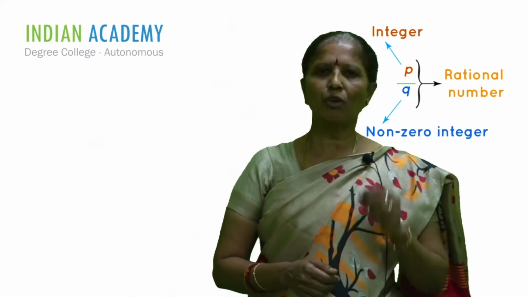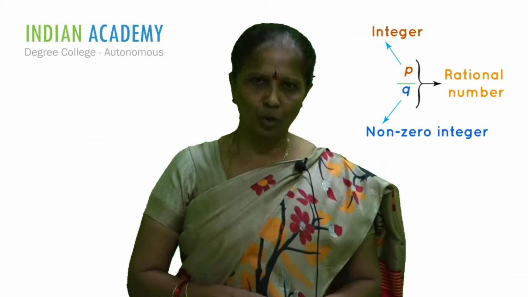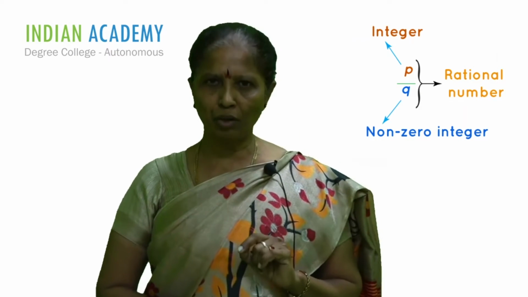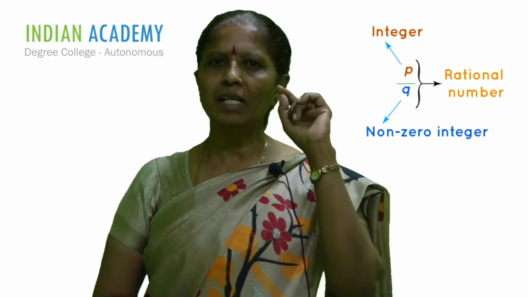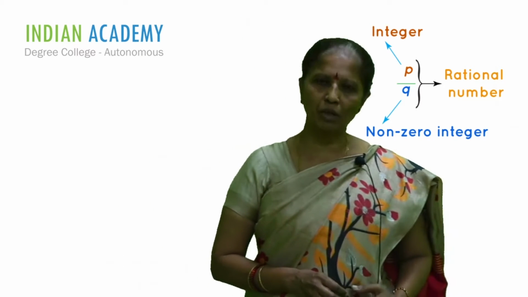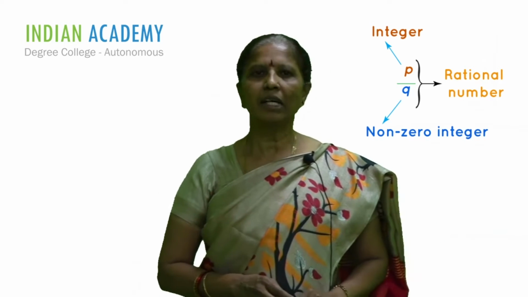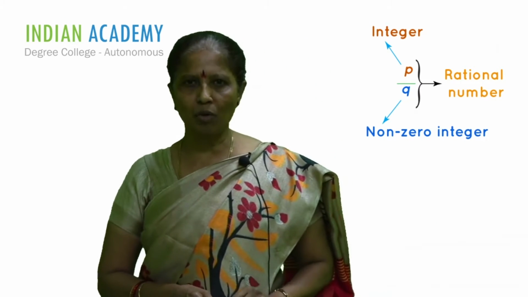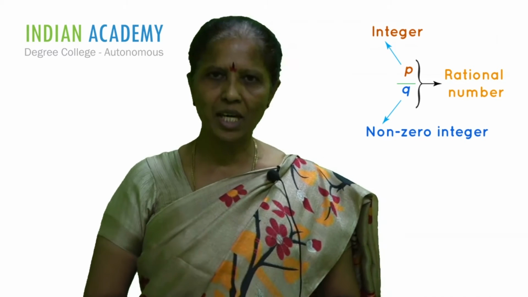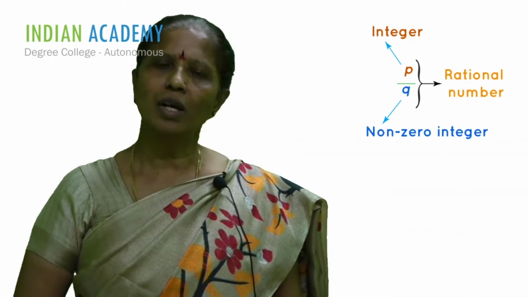So clearly the numbers of the form P by Q are said to be the set of rational numbers, and it is denoted by Q as I told you, and it is defined as Q is equal to the set P by Q where P and Q are integers and Q is not equal to 0.